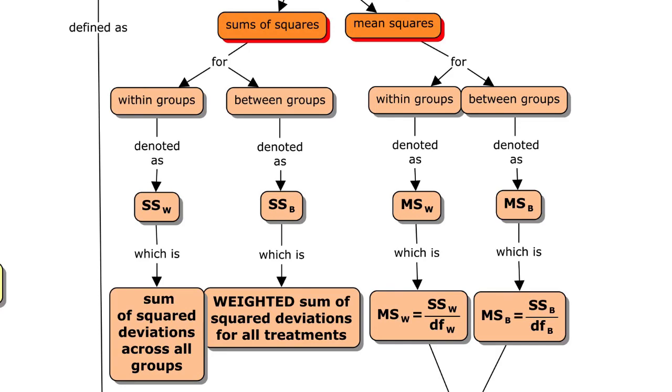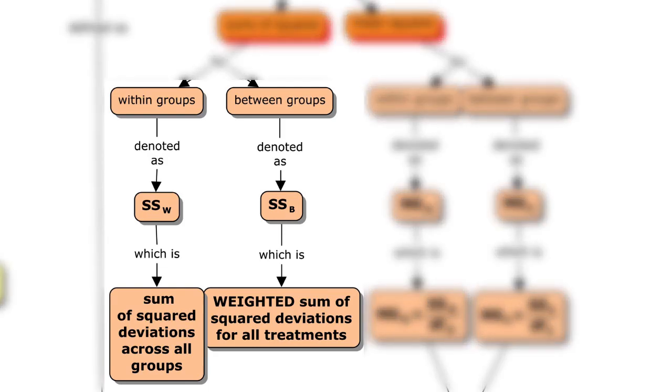And although we've previously calculated the degrees of freedom within and the degrees of freedom between, we still need to calculate the sums of squares within and the sums of squares between. And so to complete this cluster of concepts, we return to sum of squares for within groups and between groups.